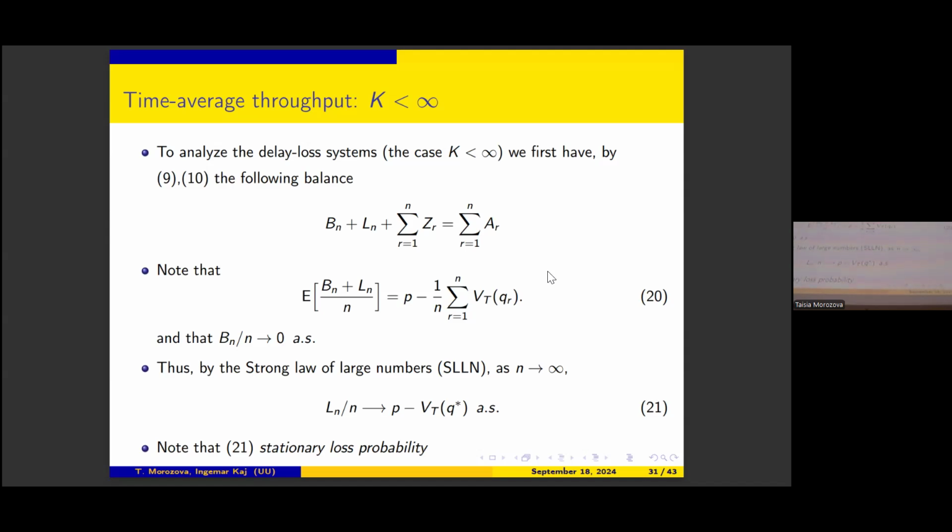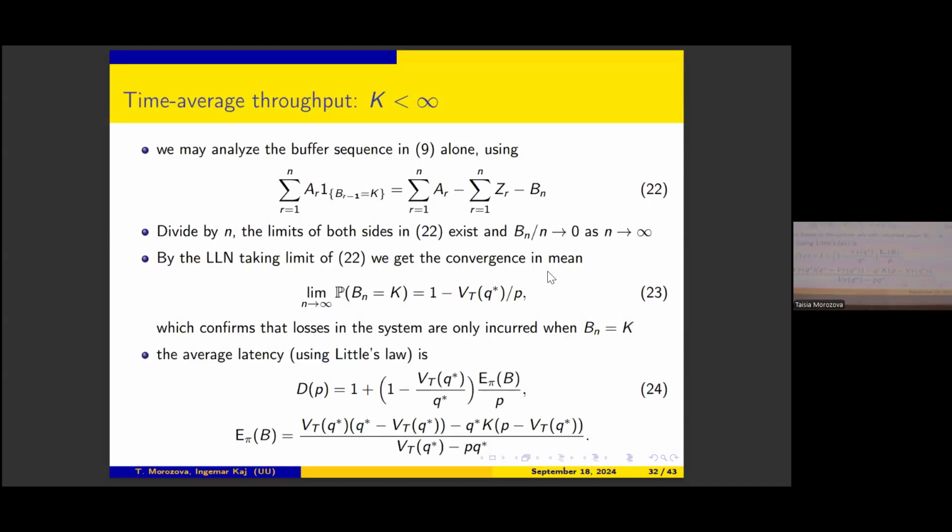Then we can apply the law of large numbers here to get convergence in mean. Also, because the buffer is finite, the buffer divided by n will converge to 0. So by the law of large numbers, we can get the convergence for the number of losses, and then we get in the limit the stationary probability of the loss.